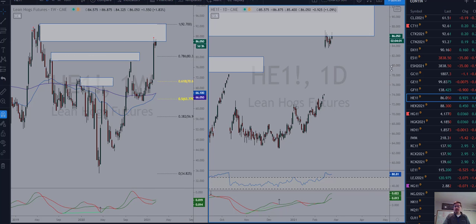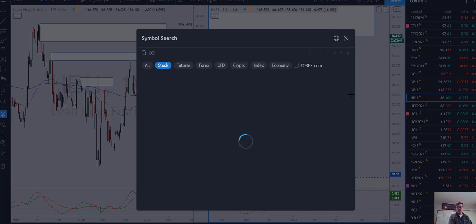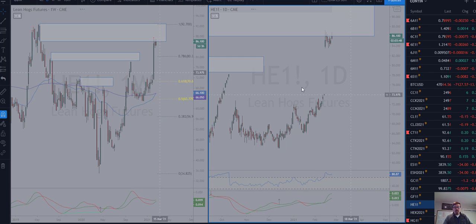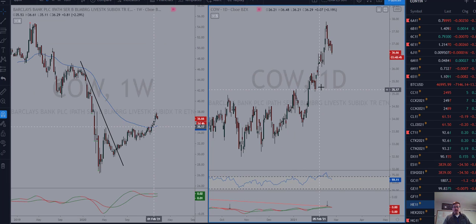So how do we trade this? Well, I'll likely be participating by buying put options on lean hog futures. But if you don't trade futures or futures options, there are a couple ETFs to consider. First one being COW, C-O-W, the ETF that has some agriculture or meats exposure.